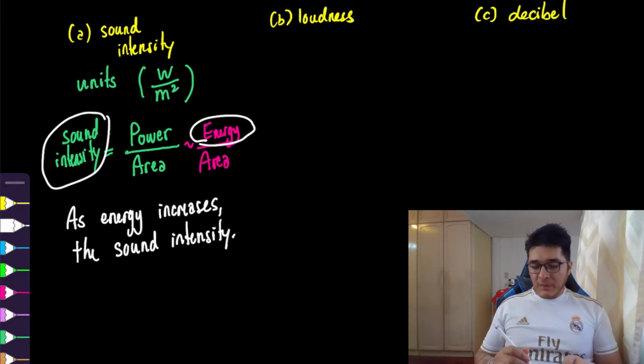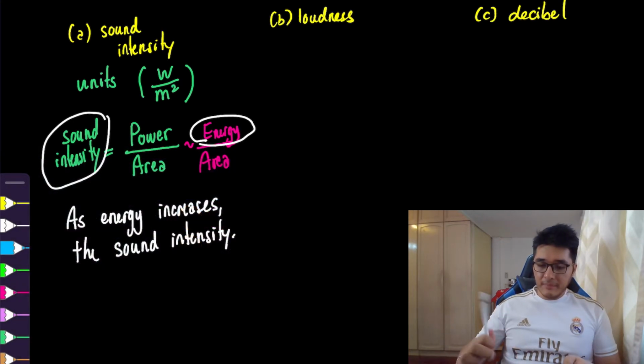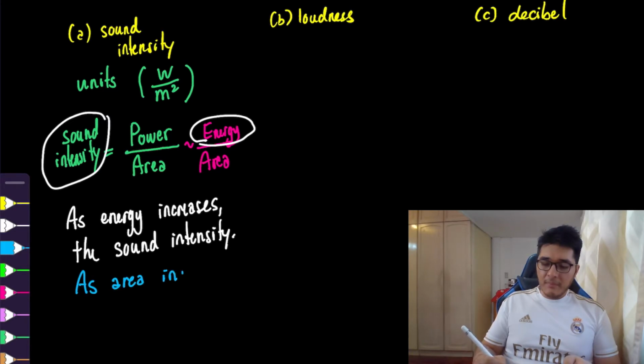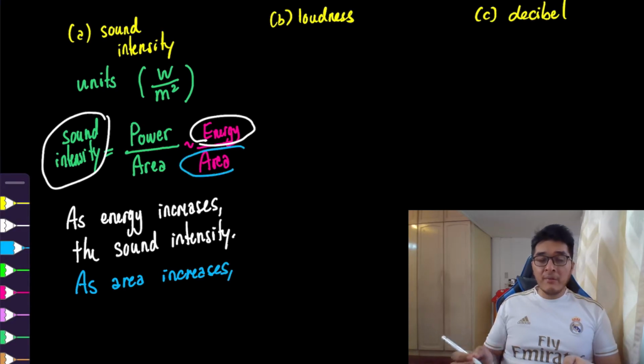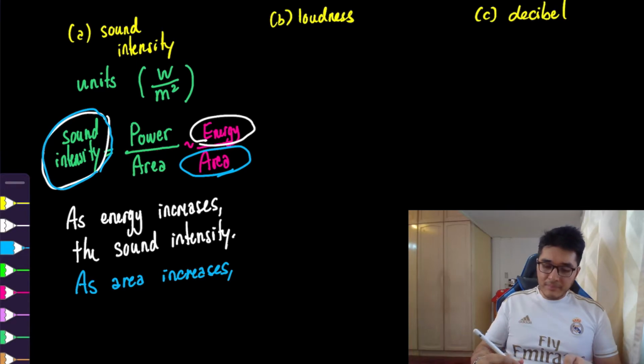And you can also think of this in terms of area. So as the area increases, in other words, the denominator in a fraction, if the denominator in a fraction gets larger, then the sound intensity will be getting smaller.